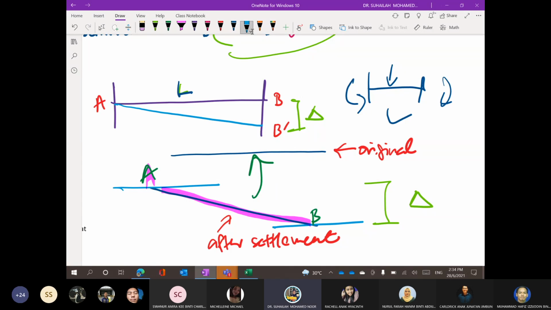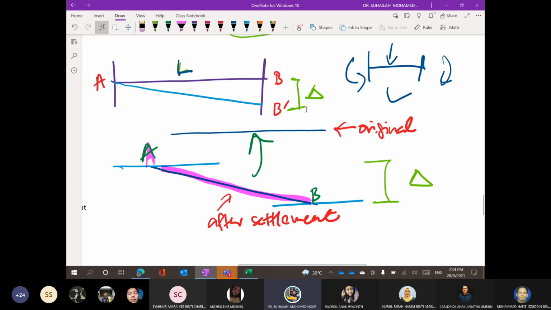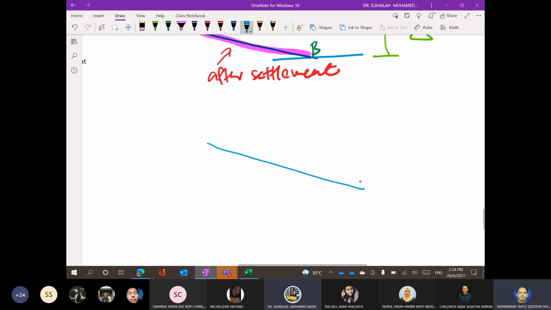How to get back to a straight line? Whenever we have this, how to get back to a straight line? Clockwise moment, or anti-clockwise? Anti-clockwise. Then only will it move back to straight.